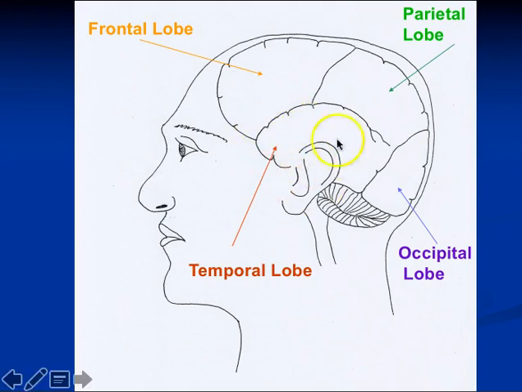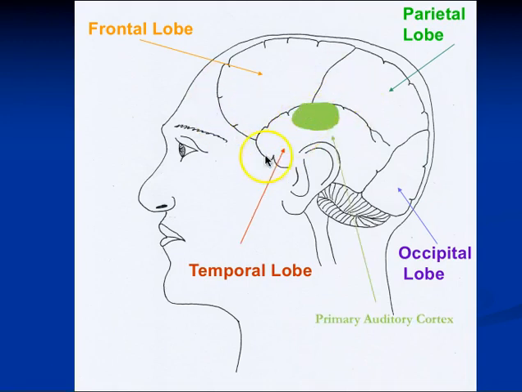The next area is the temporal lobe, and the temporal lobe kind of sits in this area above the ear. Now this area above the ear kind of gives you a clue about its function. This area here, specifically in green that just popped up right here, is known as the primary auditory cortex. That's where information from the hearing system, the auditory system, comes in and is first directed to.